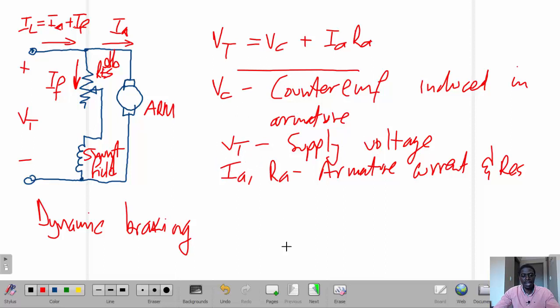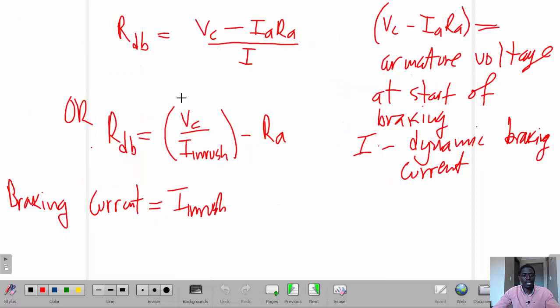Looking at this further, from that equation we can find the dynamic braking resistor to be equal to VC minus IARA over I. This whole value, VC minus IARA, is the armature voltage at start of braking. Once we know this voltage, divided by the dynamic braking current, which we can also call the inrush current, we are able to determine the size of the dynamic braking resistor that we require.